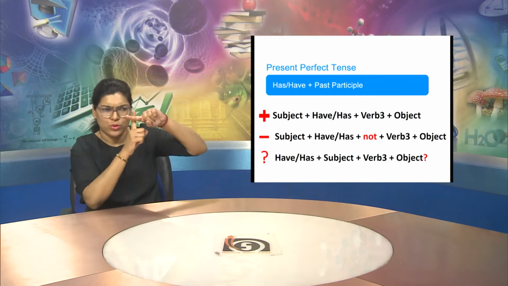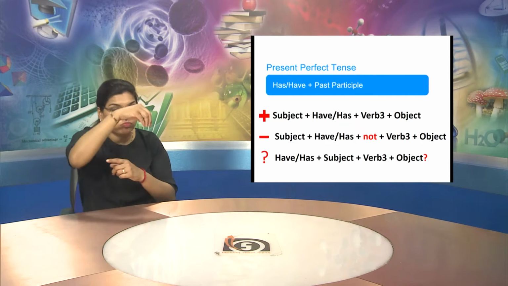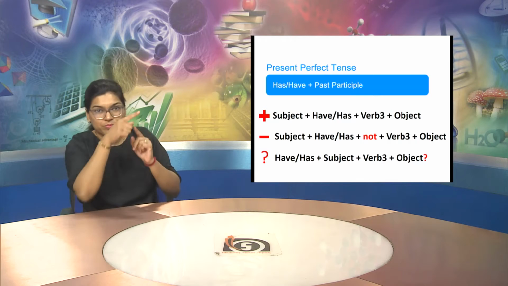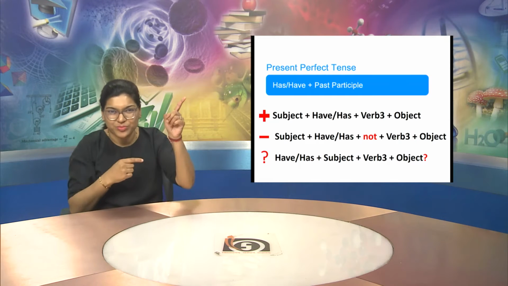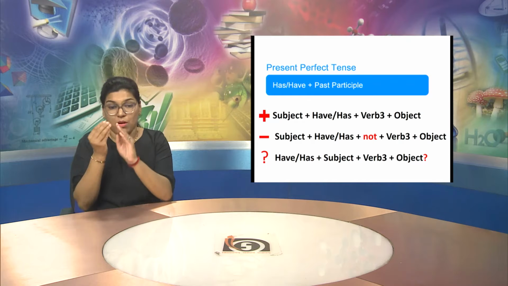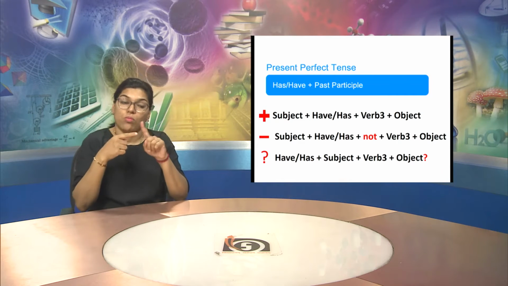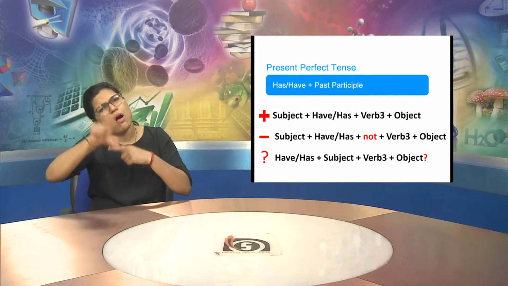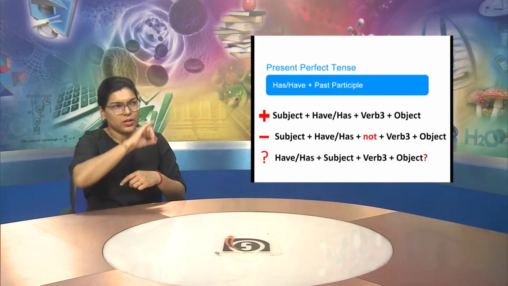And the second is negative. See, the word not is written there. So, that is why it is a negative sentence. Before the verb we will use not.